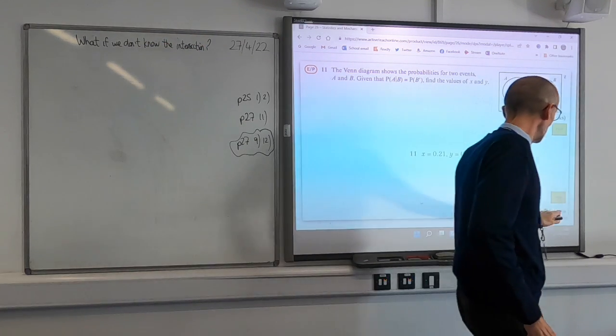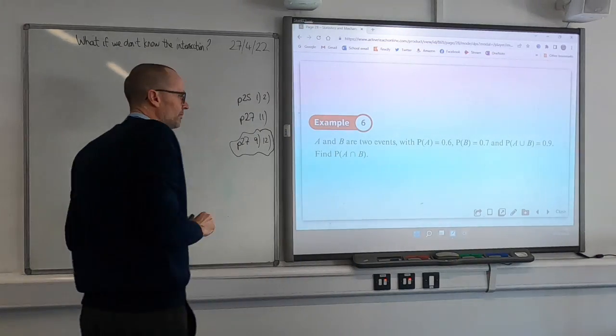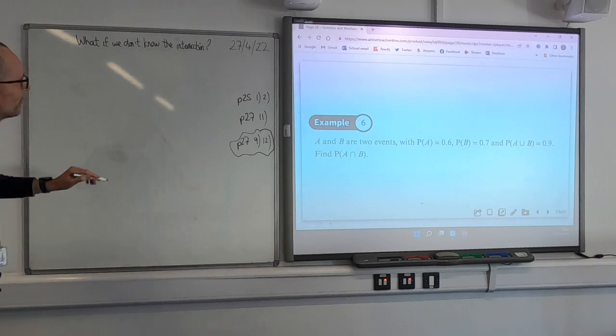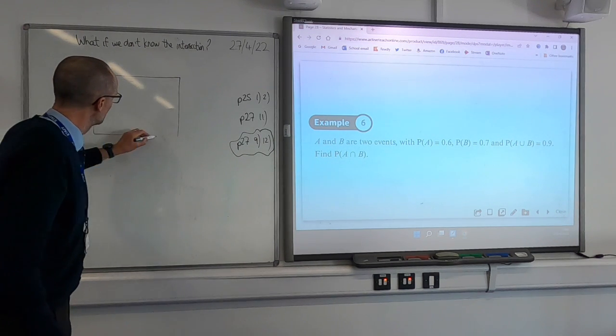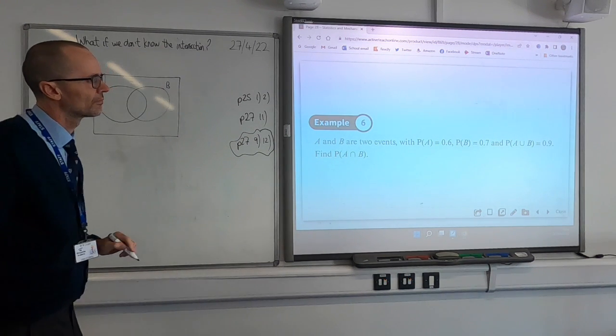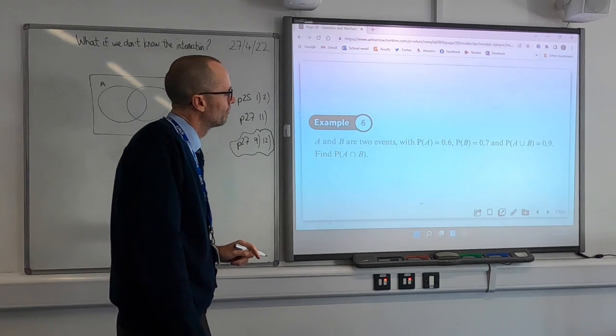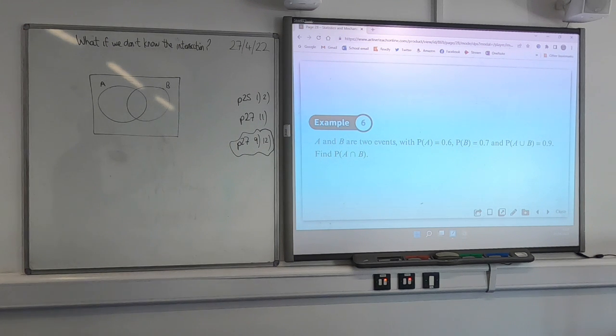What if we don't know the intersection? Now, in this question, we're not told if A and B are mutually exclusive, but I know they can't be mutually exclusive because their probabilities add up to more than one.